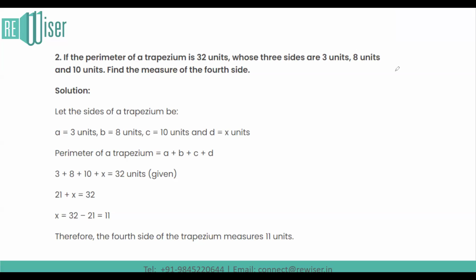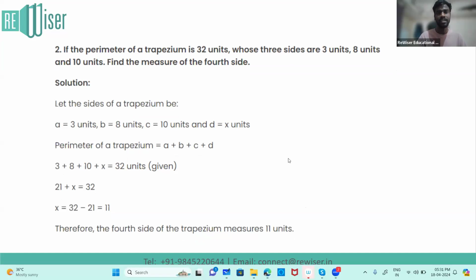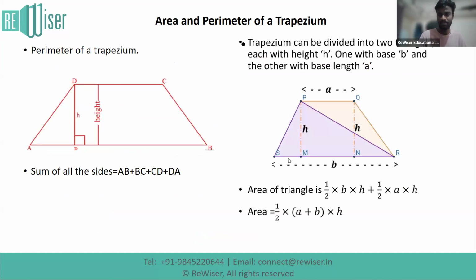Yes. Okay, great. I was talking about how do we find the area of the trapezium, and how do I find the perimeter of the trapezium? Do you know what this trapezium is? A shape.